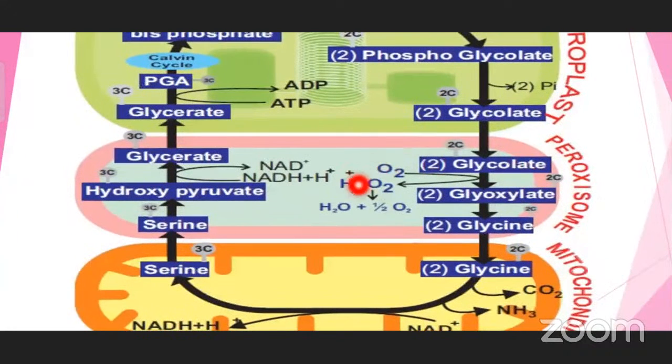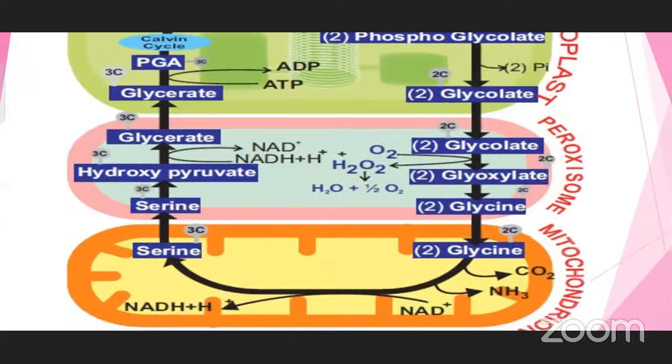In this peroxisome, when oxygen is available, the glycolate gets oxidized. From the glycolate, the water component and the oxygen will combine and hydrogen peroxide will form, and this glycolate is becoming glyoxylate.